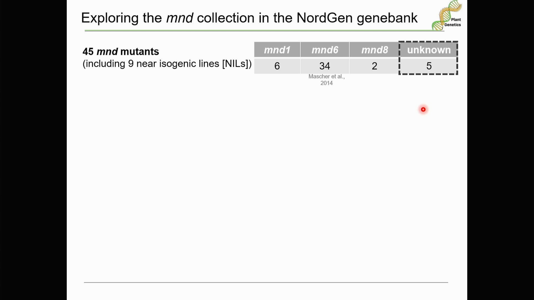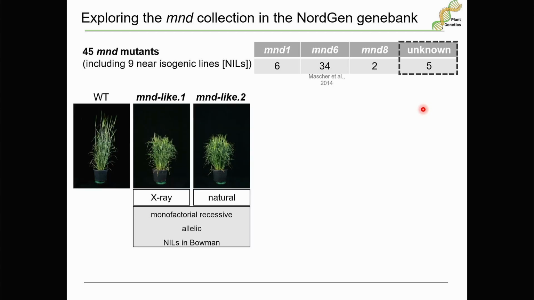But there were 5 that were still unknown. And of these 5, I want to present you one pair, which is MND-like 1 and MND-like 2. One of these is an X-ray induced mutant, the other is a spontaneous mutant. They are both recessive and allelic, and they are introgressed into the Bowman background.